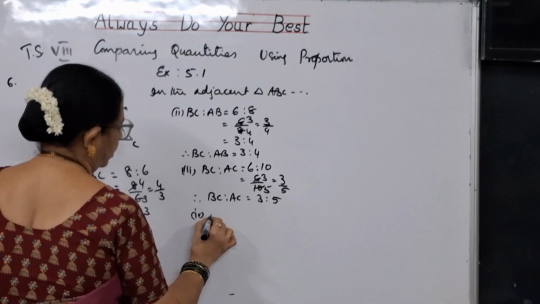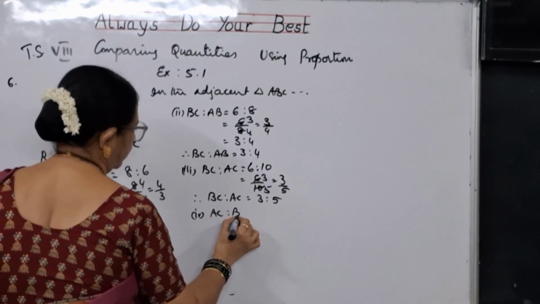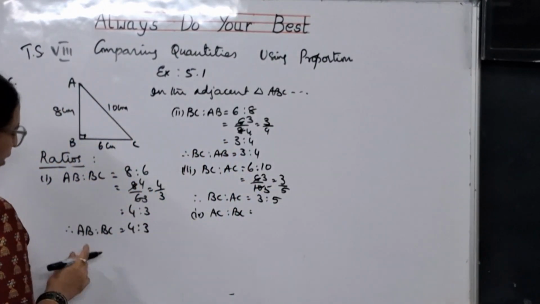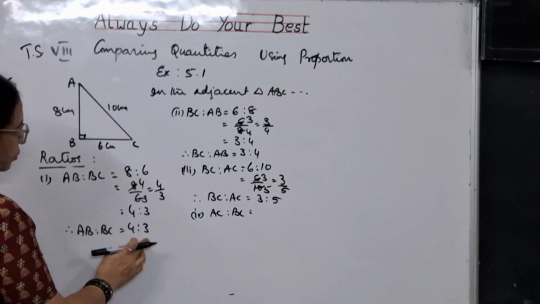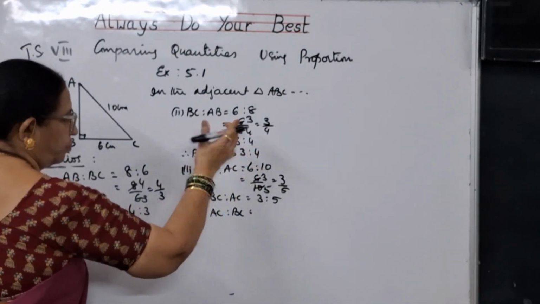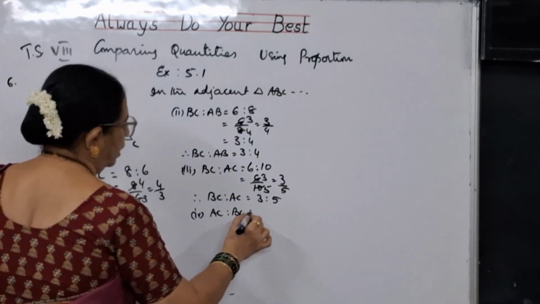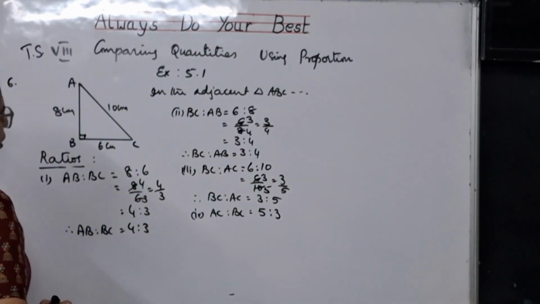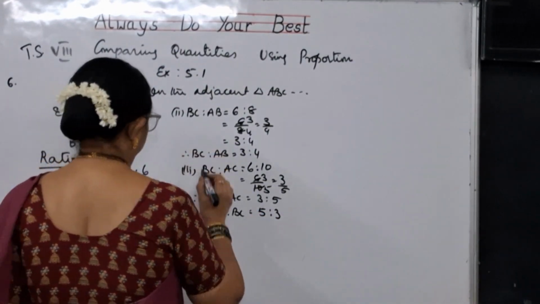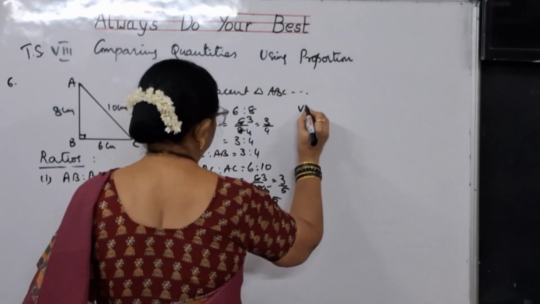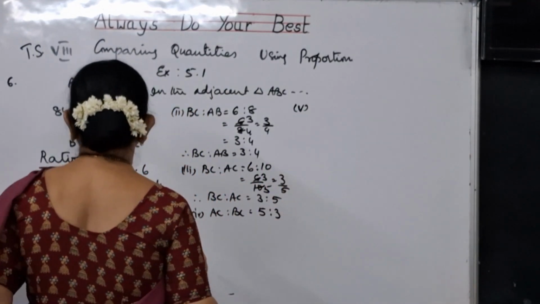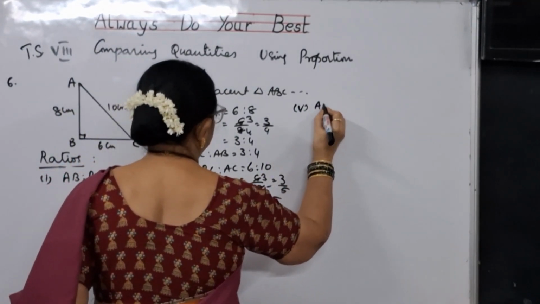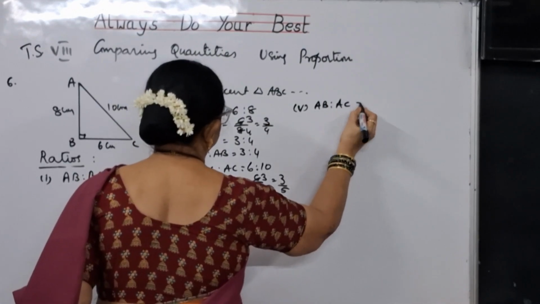Now, the fourth one, AC is to BC. Just like earlier, children, AB is to BC is 4 is to 3, so this is the inverse, 3 is to 4. So directly I am writing it as 5 is to 3. This is the fourth one. First, second, third, fourth we have done. Now the fifth one, let us take AB is to AC.